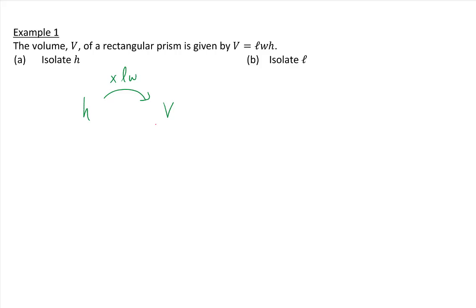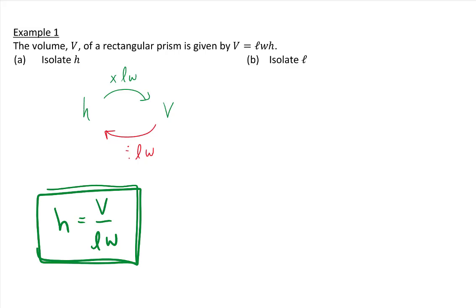So the opposite operation is to divide by length and width. So what this tells me is that if I take my volume and divide it by length and width, I get H. So again, notice I started with the variable I want to isolate for, and then connected it to the variable that was initially isolated for.